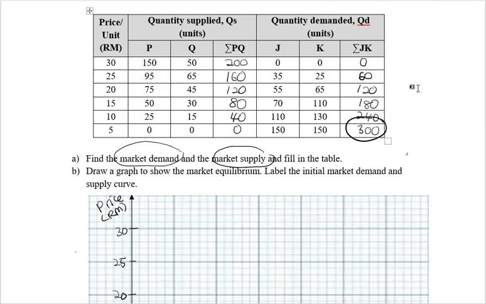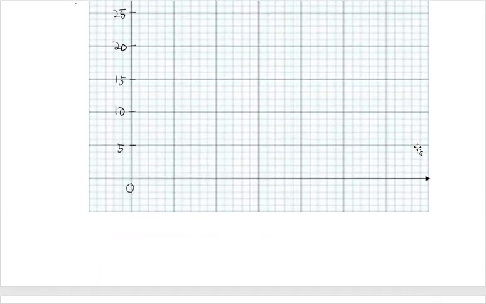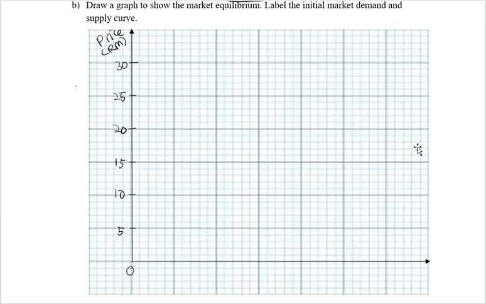Okay, so since your highest figure is 300, it's nice for you to do a 50 scale. So you start with 50 here, and then 100, and then 150, 200, and 250. The last one is 300.